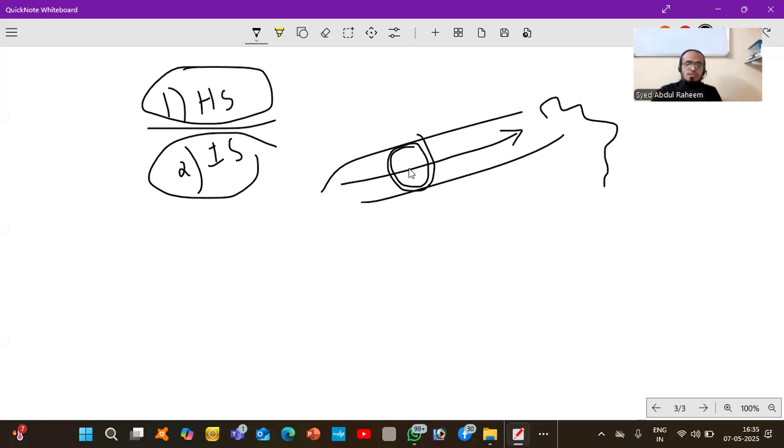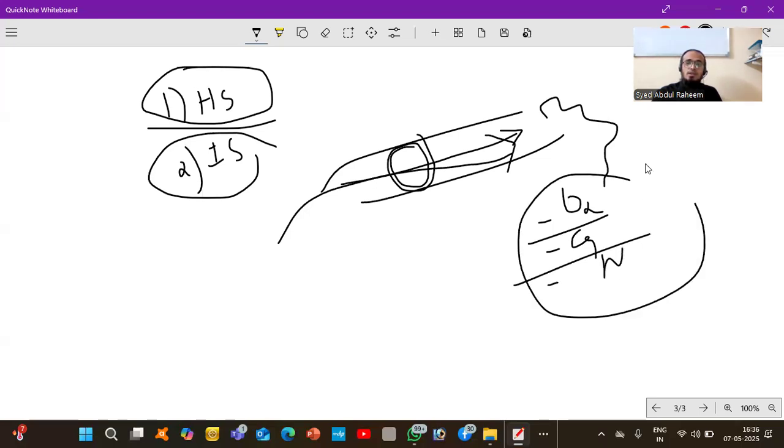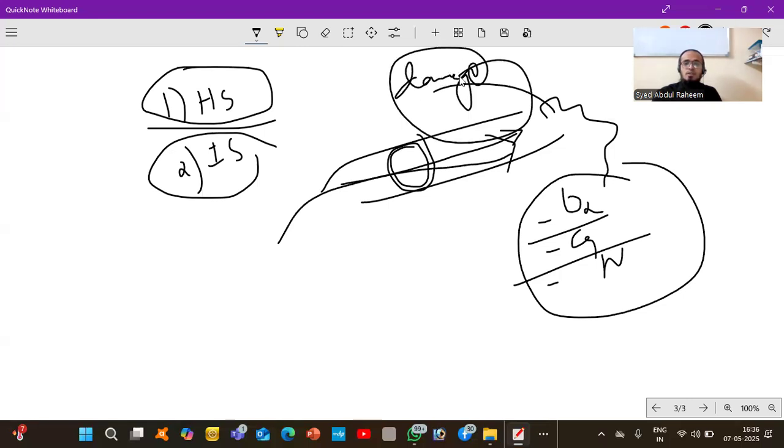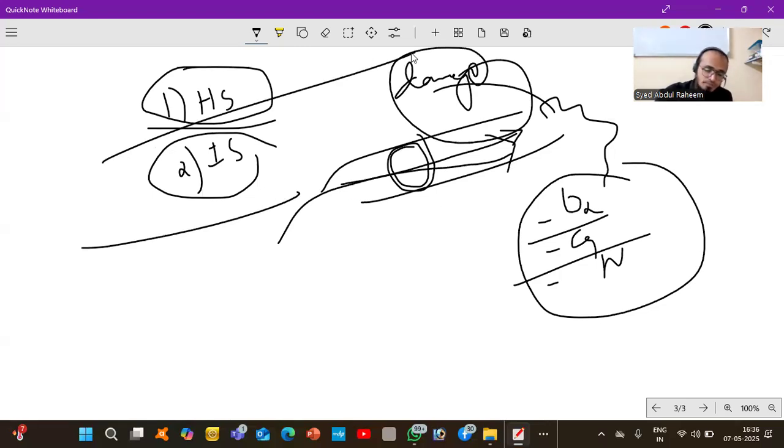So it is deposited here, so the flow is obstructed. So a certain area of the brain is not getting the proper amount of blood flow. Oxygen is reduced, mostly glucose is reduced, and nutrition is reduced. So the part of the brain starts dying. Damage is happening. So this is called ischemic stroke.